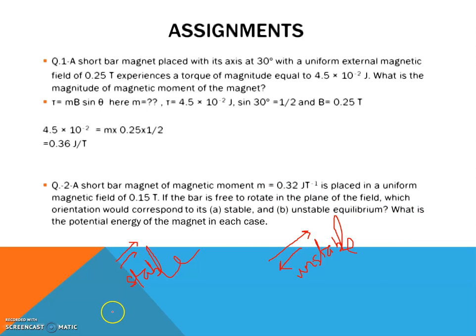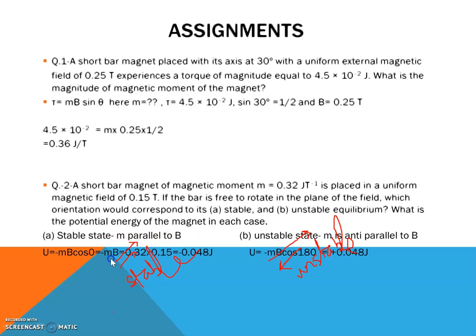We know that in stable state, potential energy is U equals minus mB. m is given here, B is given here.